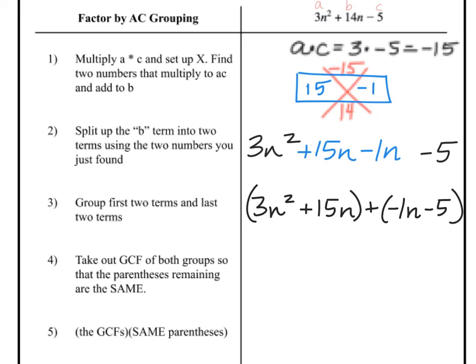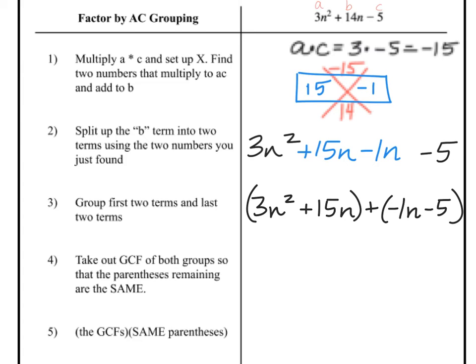Step 4, take out the GCF of both groups so that the parentheses that are left are the same. Okay. 3n squared plus 15n. What is the greatest common factor just of that one? 3. There's something else that you can take out. 3n.